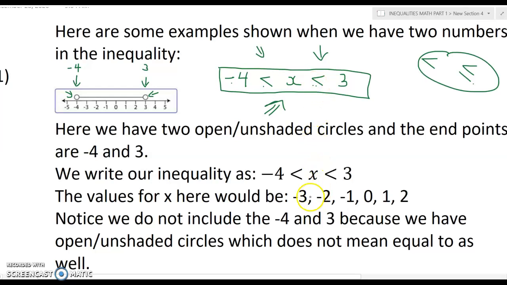So therefore the values will be those between -4 and 3, which are -3, -2, -1, 0, 1, 2. And that's why I listed it there. We don't include the -4 and the 3 because we have open or unshaded circles. It means we're not including them. It doesn't mean equal to as well, right?